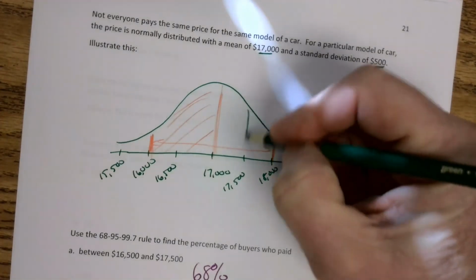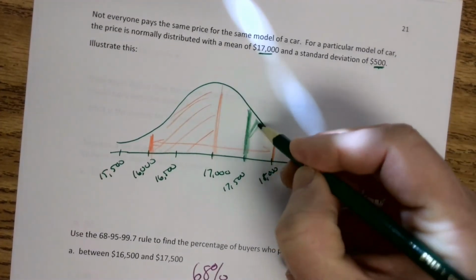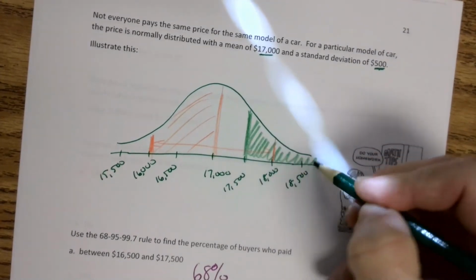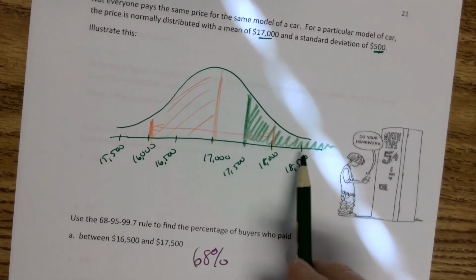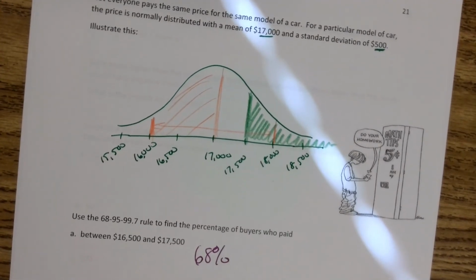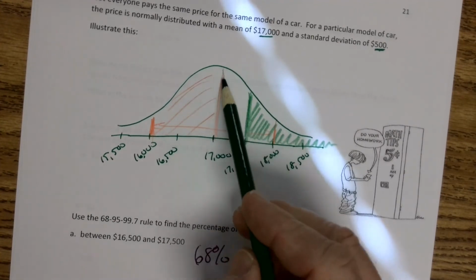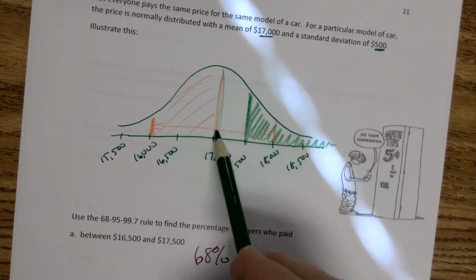So I'm going to put it right here, and I'm interested in more than this, right? I'm missing the part. But 99.7 minus 98.2. 18.2? All right.